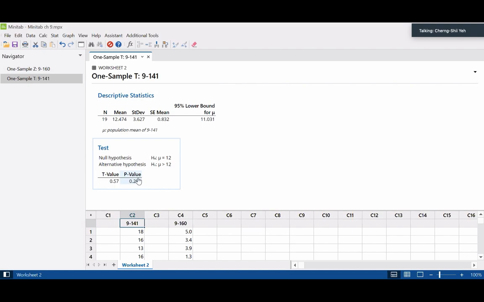Go back to our notes last time, and instead of comparing the location of your test statistic to your critical value, compare the area under the bell curve, under your normal distribution curve of the test statistic, and compare that to your alpha. You should be able to draw a conclusion pretty easily. Okay, so real quick, that's what I want to cover on Minitab.